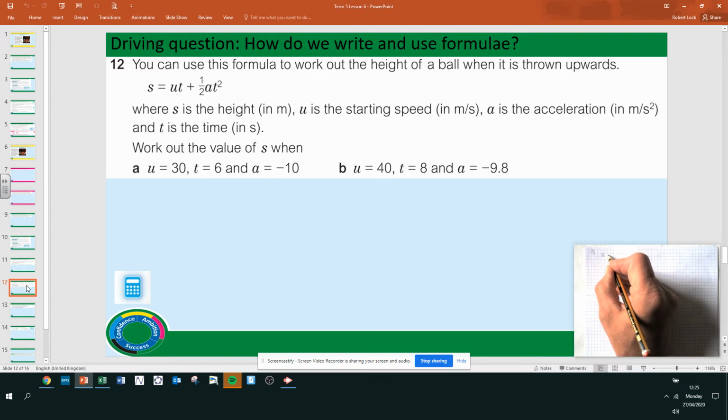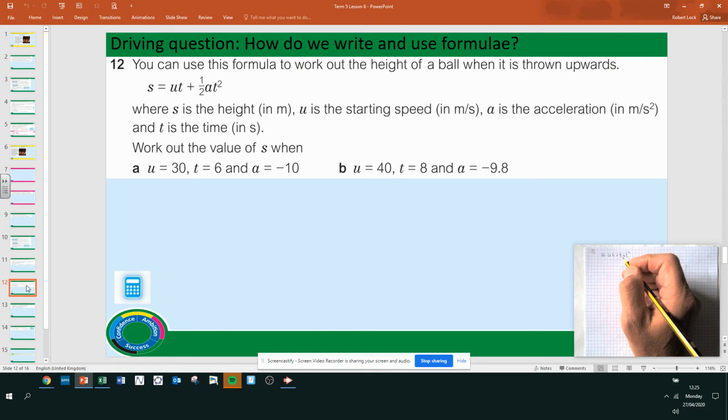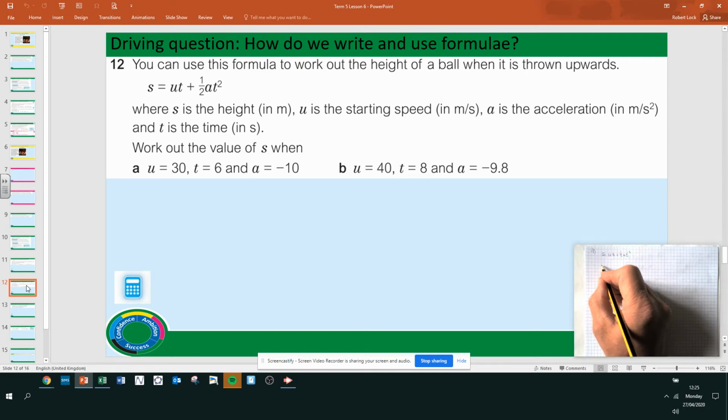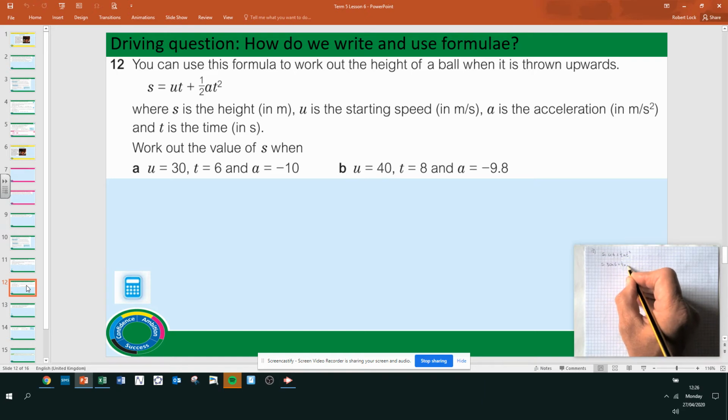S equals ut plus half at squared. So, first question, u is 30, so S equals u, which is 30, times t, which is 6, plus a half, times a, which is minus 10, times 6 squared.